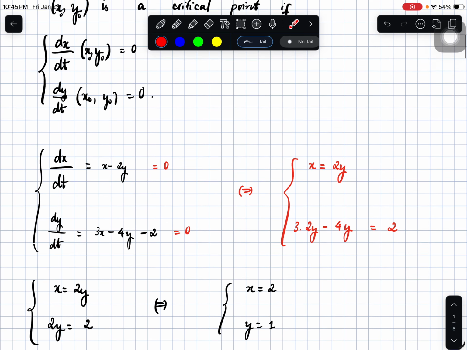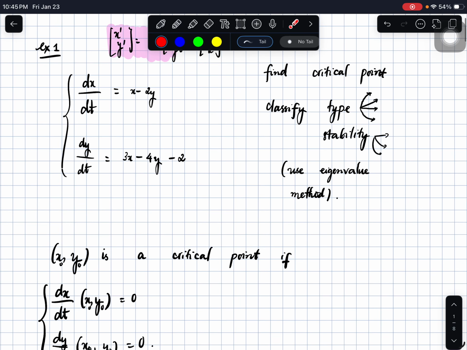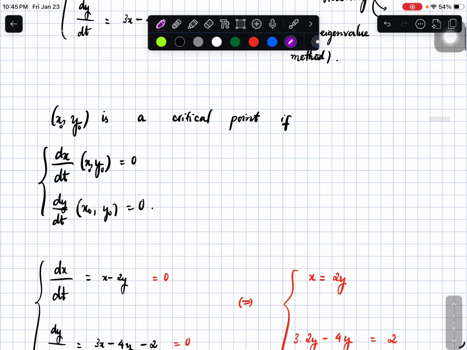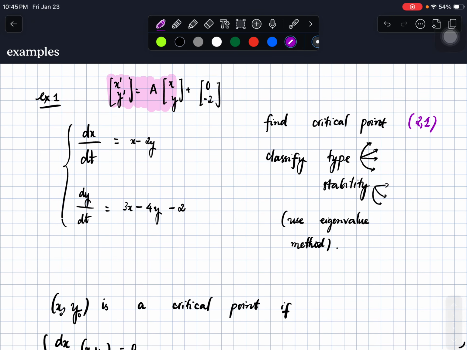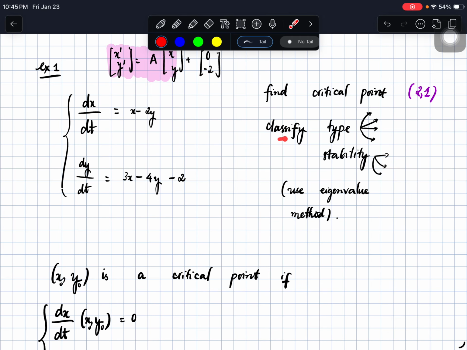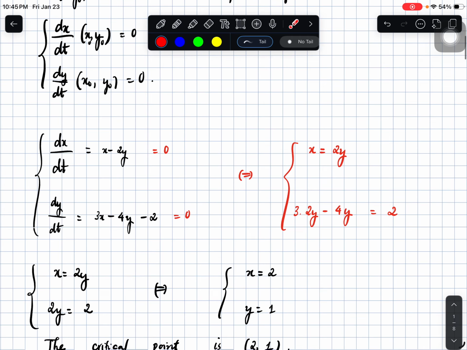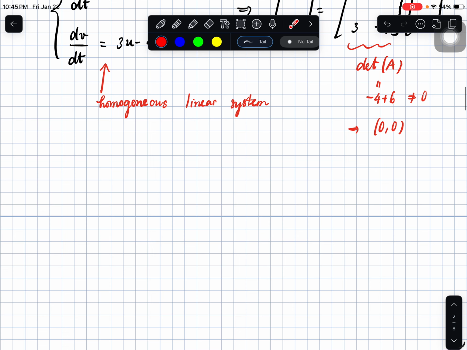Now we need to classify the type and the stability of that critical point, 2, 1. That is the exact same type and exact same stability as 0, 0.